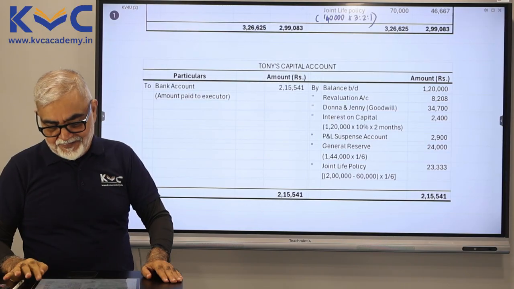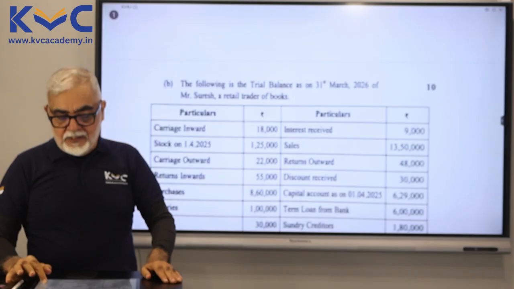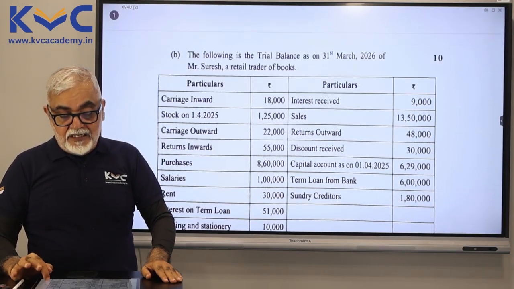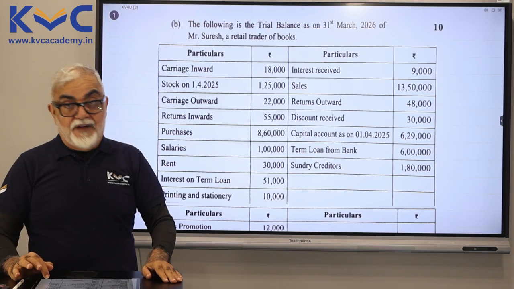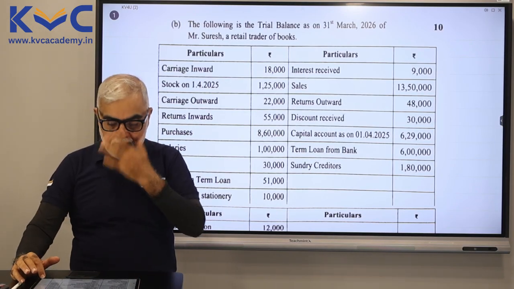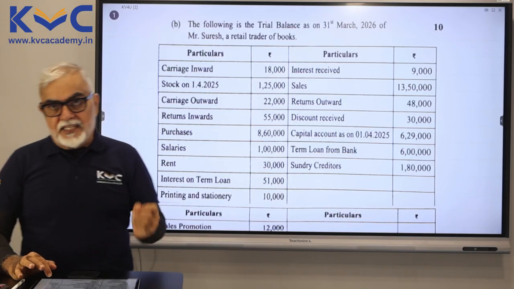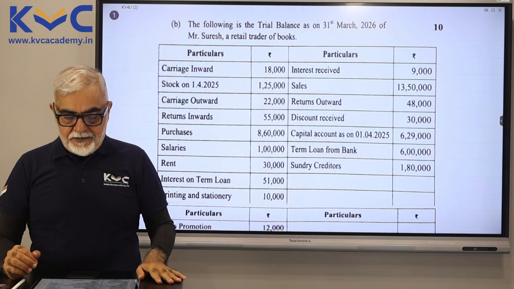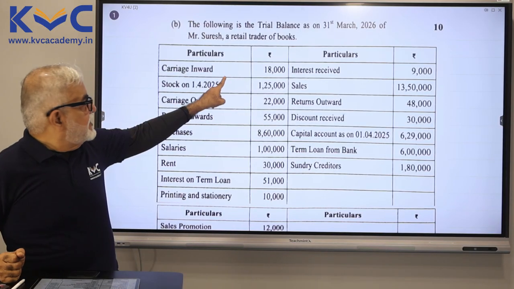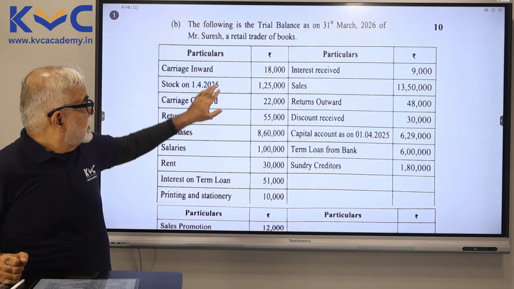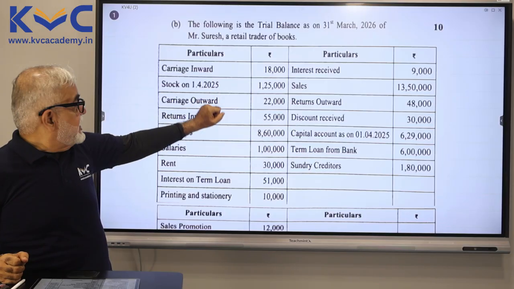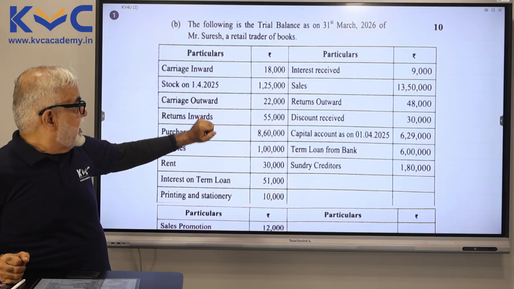Okay? Let's go on to the next question, which was again a final accounts question. Final accounts, they want trading and profit and loss and a balance sheet. Carriage inward, trading account. Opening stock, trading account. Carriage outward, P&L.